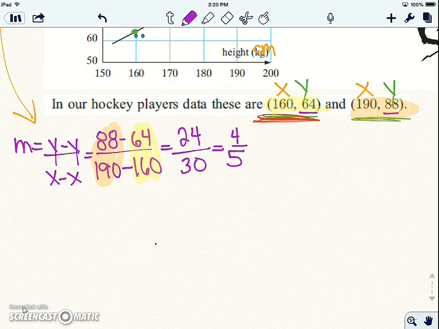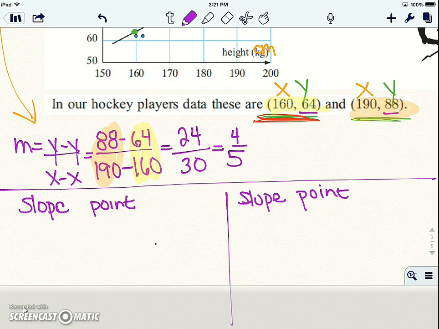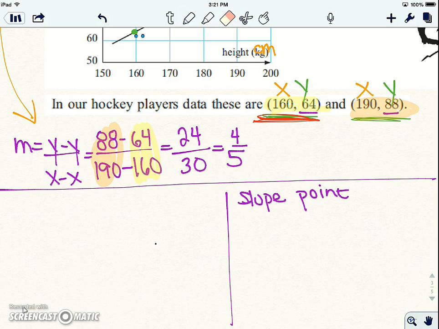Once you have a slope, you need a point. Okay, so we have 2 ways of doing this. We have the slope point formula, and we also have the slope and y-intercept.